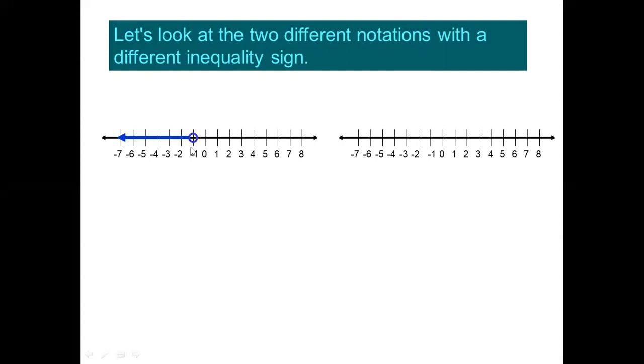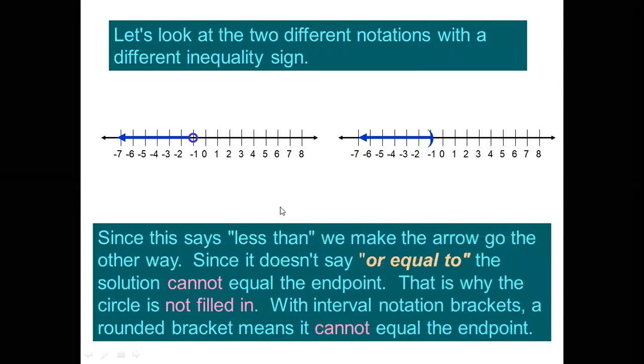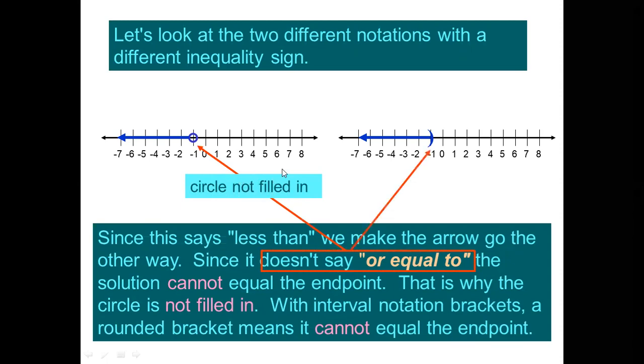Or you can also represent this situation using the small bracket. So the open circle and the small bracket represent strictly less than, in which the circle cannot be filled, or you can use the round bracket, also known as the small bracket.